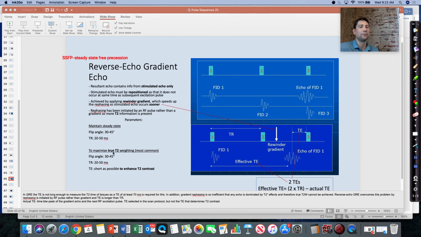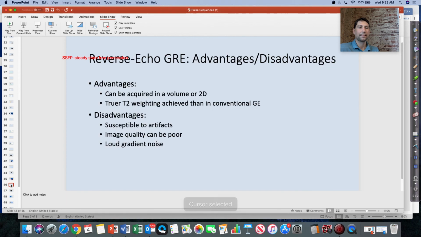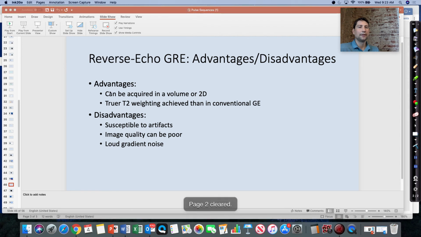It gives us more true T2 weighted, not T2 star. So the advantage is we get truer T2 weighting than conventional gradient echo, and your disadvantages are all the same.